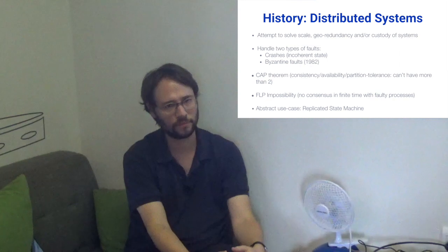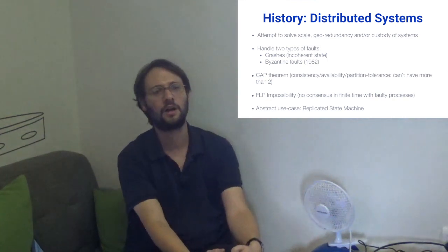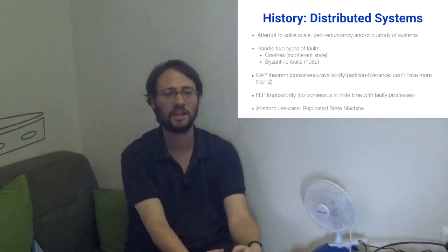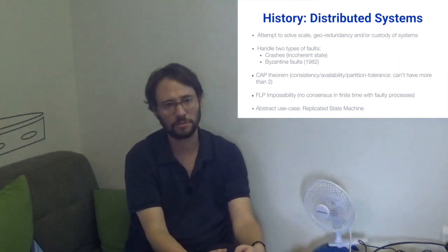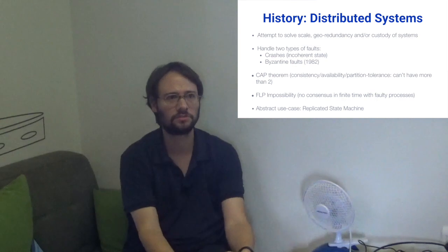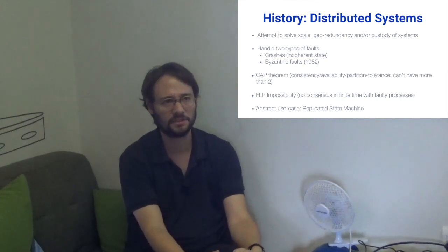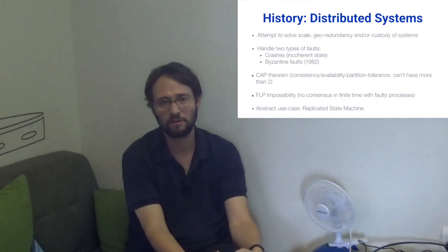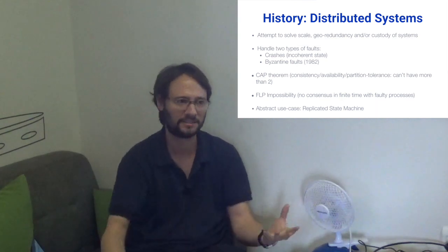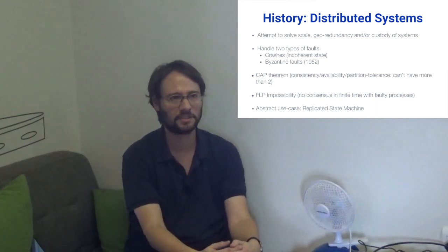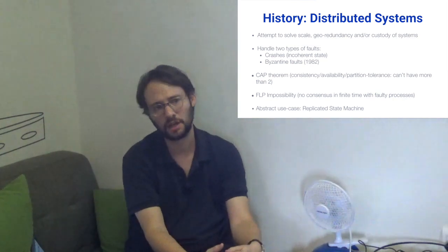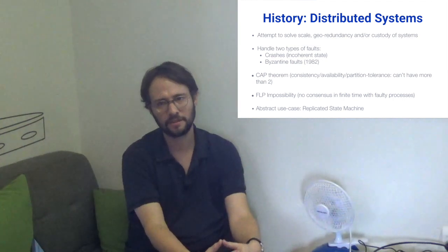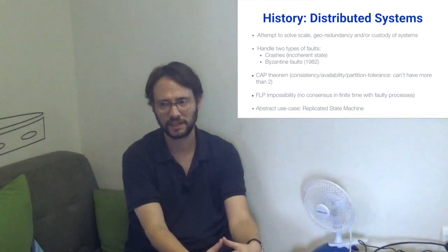So throughout this talk, I'll be talking about consensus in an abstract use case of a replicated state machine. So basically, most data systems, distributed data systems that we use are replicated state machines. A replicated state machine means that we share the computation commands between the machines, and that's the way they synchronize the data.